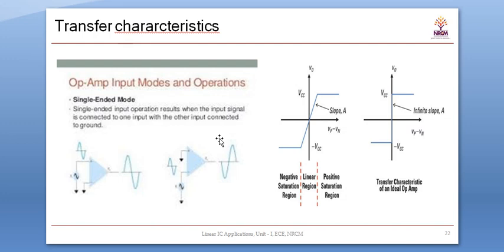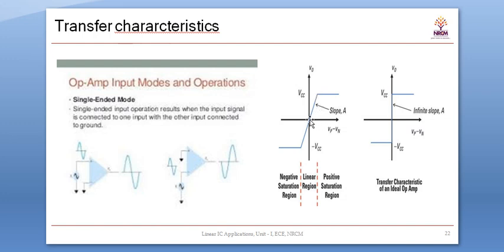If you give 12 volts here, and consider the open loop voltage gain as 10 to the power 5, then 12 divided by 10 to the power 5 will be the input voltage. That is 12 into 10 to the power minus 5, which is 120 microvolt.